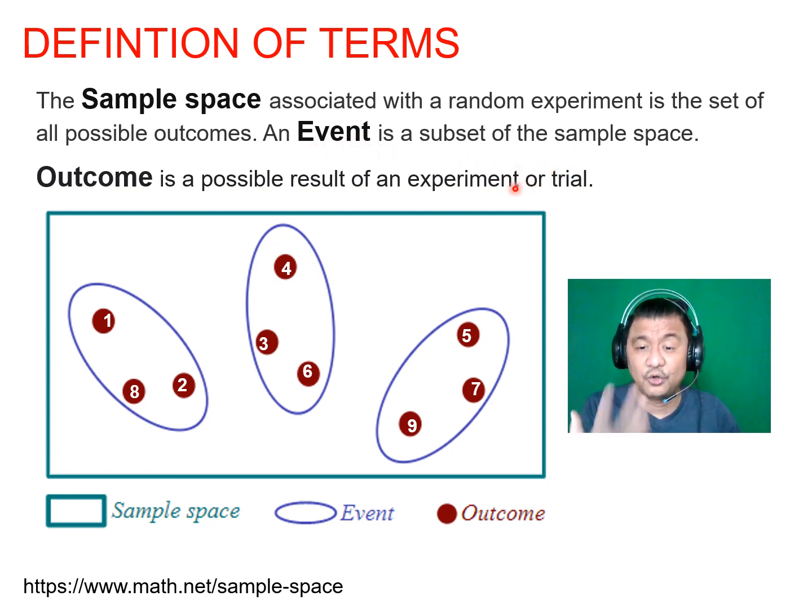So these are all the possible outcomes, but now, check this out. This is what I want. I want to get a group of three. That's an event, right? And the outcome now is the possible result of an experiment. What came out is called the outcome. All right? You will understand this fully through our examples.